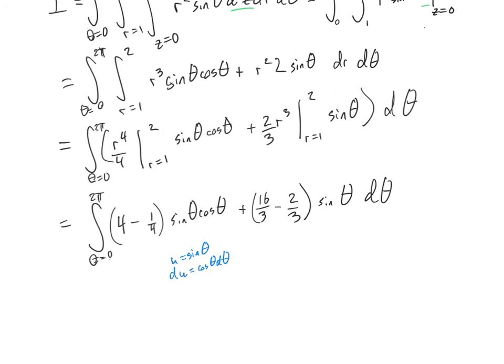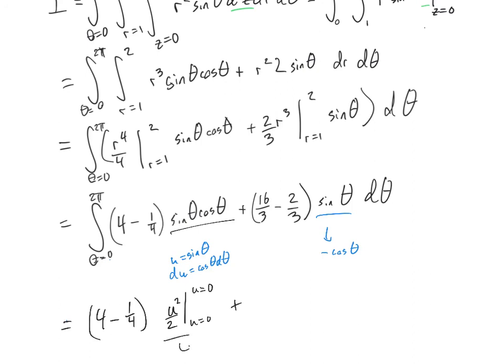So this is just going to give me 0, but I'll write that out. And this one, I just am going to integrate to get minus cosine, as I do the integral. So I think my final answer looks something like 4 minus a fourth, and then this part of the integral is going to give me u evaluated from u equals 0 to u equals 0, u squared over 2. Whew. And this other part, that's giving me 0.